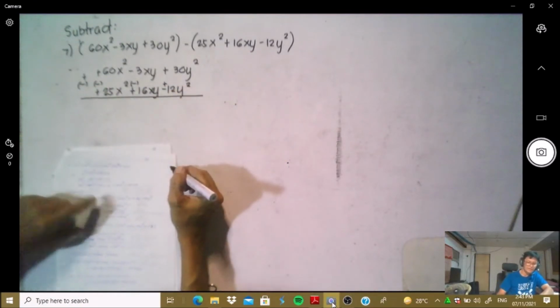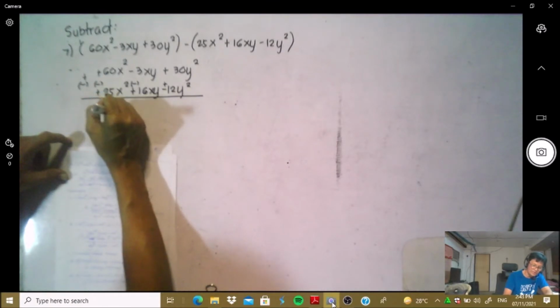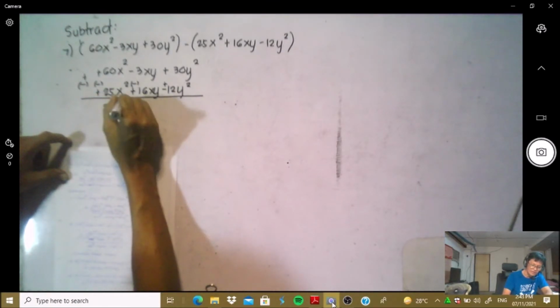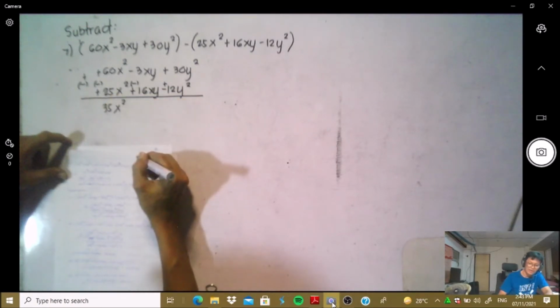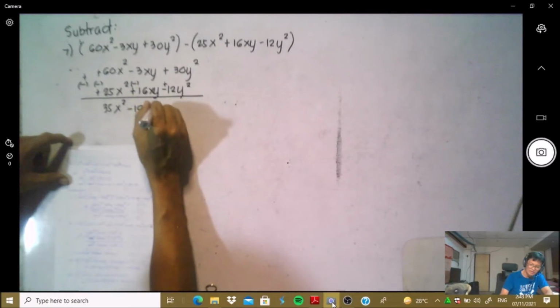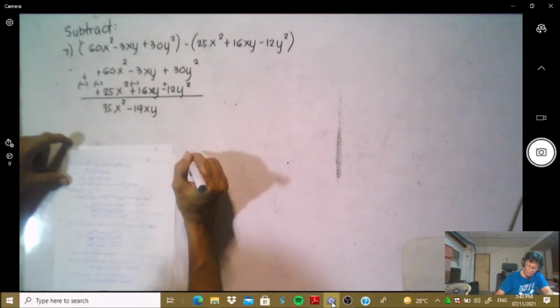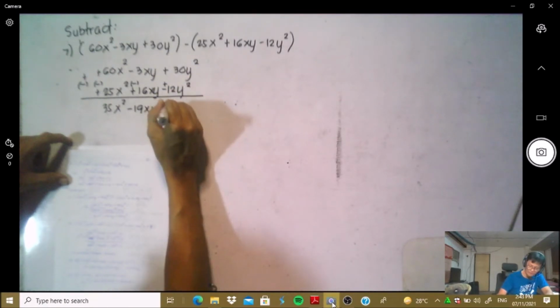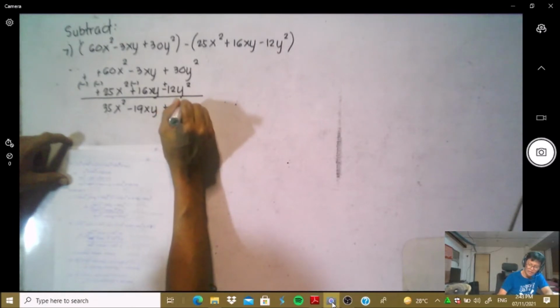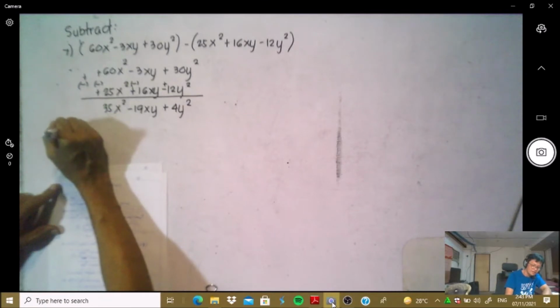Okay, so we have 60 minus 25 is 35, so we have 35x squared. Then we have negative 3 plus negative 16, and therefore we have negative 19xy. Then we have positive 30 plus positive 12, and therefore that is equal to 42y squared, and that is already our answer.